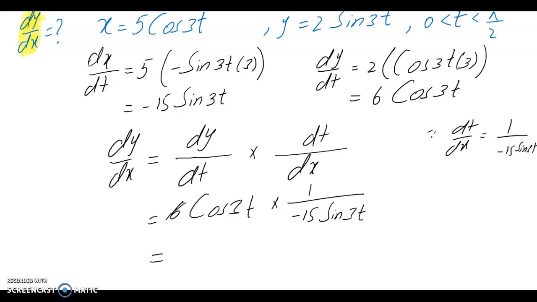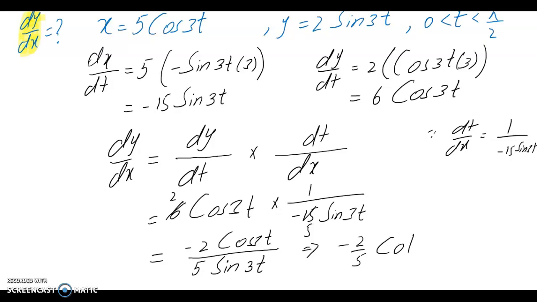The 6 and 15 both cancel out by 3, since 3 times 2 and 3 times 5, so you get minus 2 cos 3t over 5 sine 3t. Since you have cos over sine, this gives you cot, so this is cot 3t.